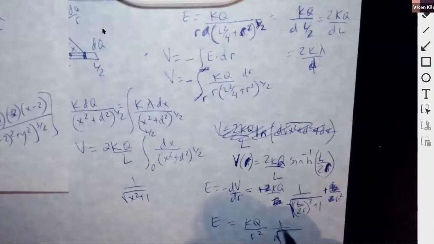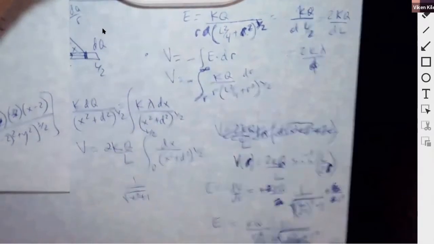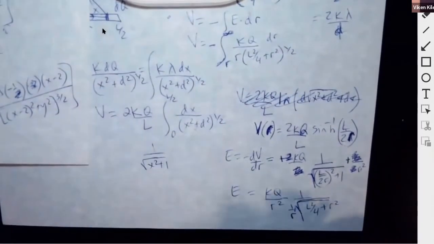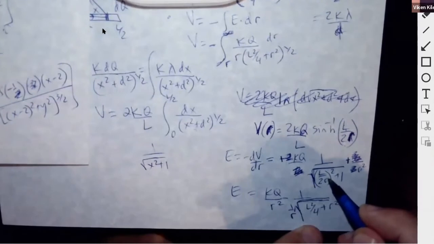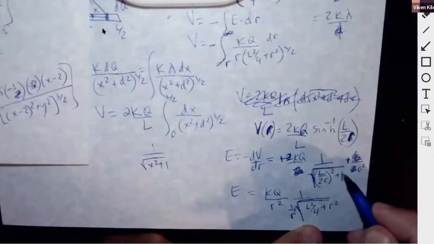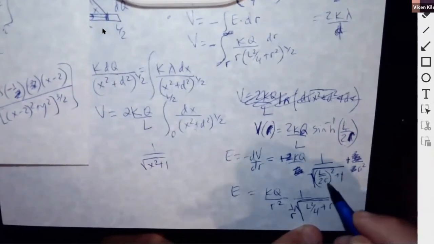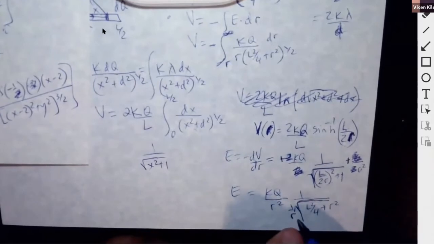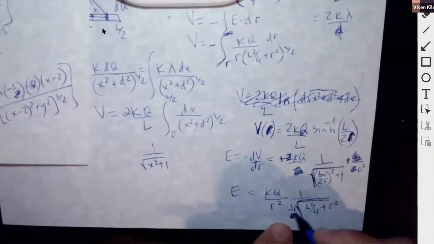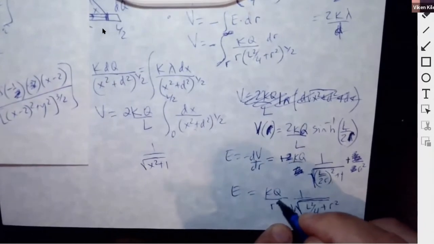This is great. L squared over 4 plus the r squared like that. And then take it out of the radical as a 1 over r. You see? So take this r squared and put it here and have it over the bottom, and then take it out of the radical as 1 over r. And then this one cancels this one.